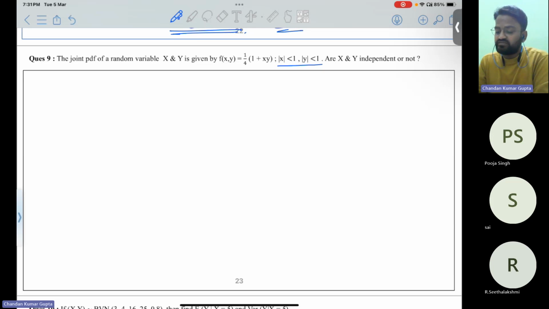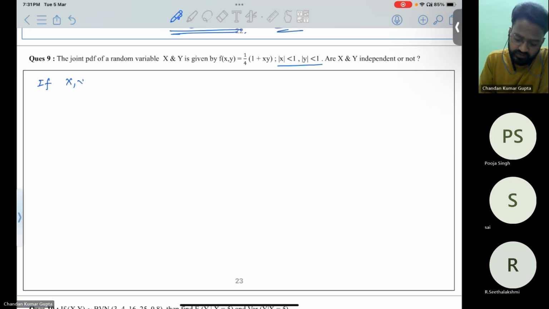Now, are x and y independent or not? Suppose we are given the joint distribution function fxy.